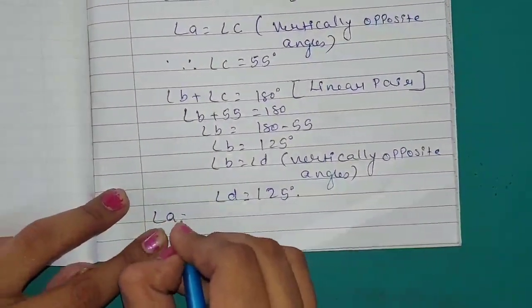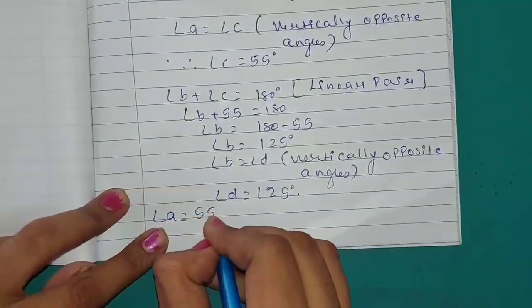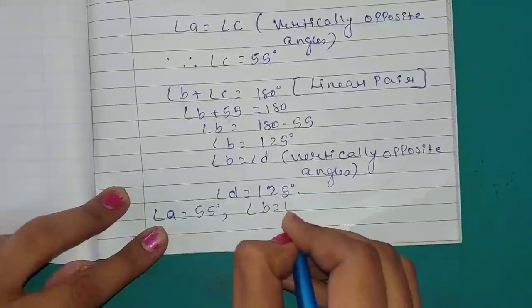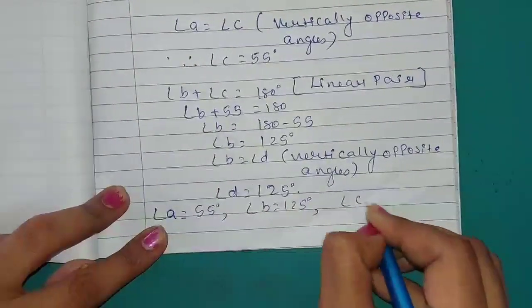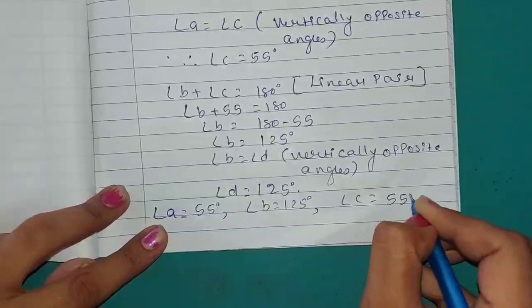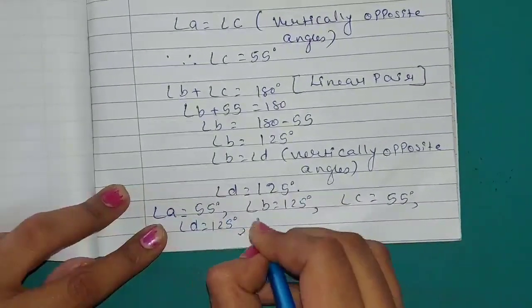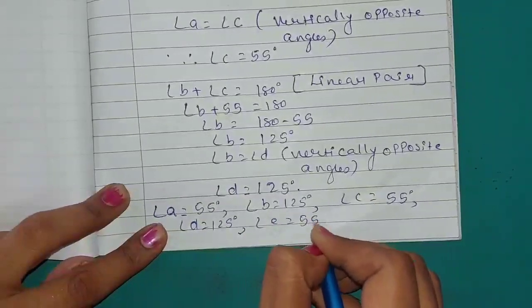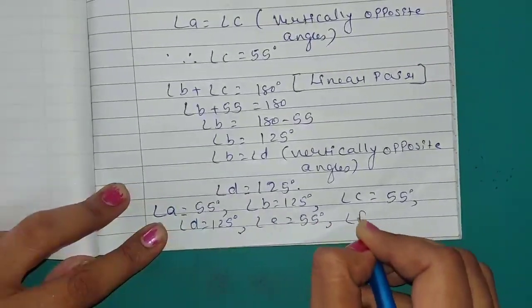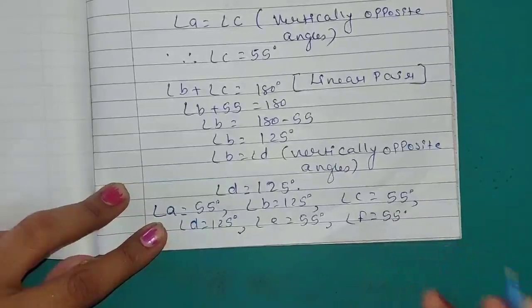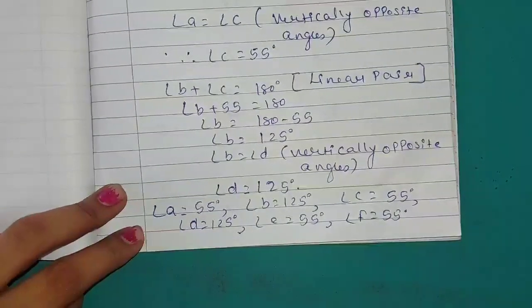Angle A equals 55 degrees, angle B equals 125 degrees, angle C equals 55 degrees, angle D equals 125 degrees, angle E equals 55 degrees, and angle F equals 55 degrees. So all these angles we have found.